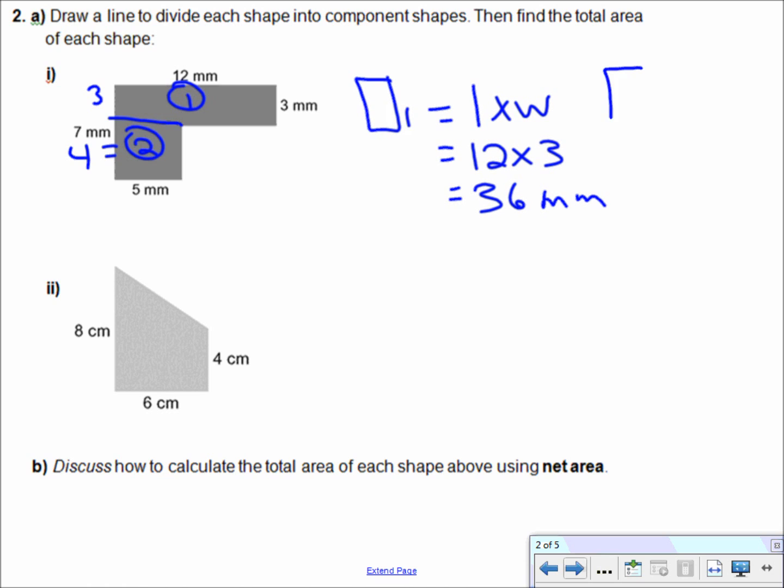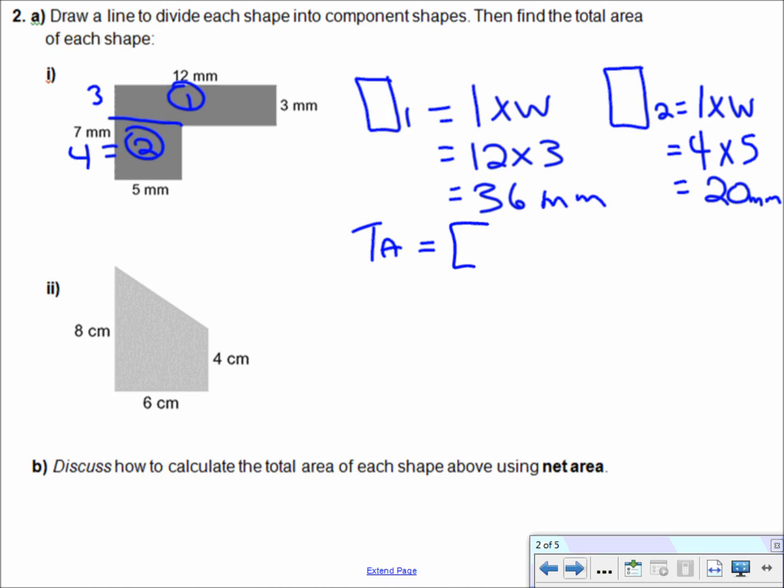And then rectangle 2 is length times width, which is 4 times 5, so 20 millimeters. And then, because I'm looking for total area, total area equals rectangle 1 plus rectangle 2 equals 36 plus 20 equals 56 millimeters.